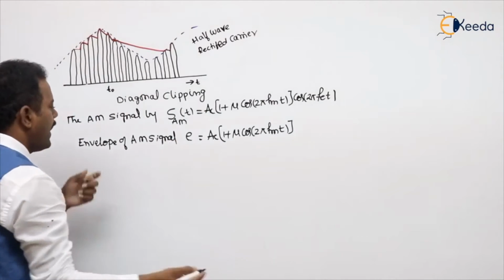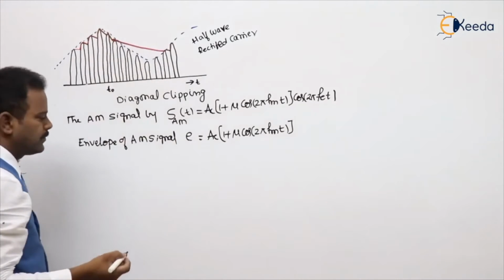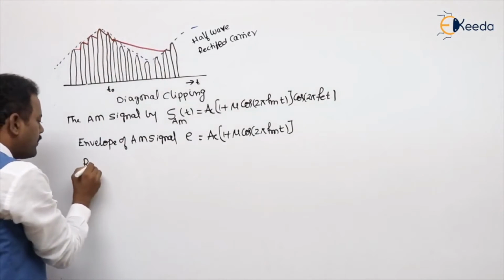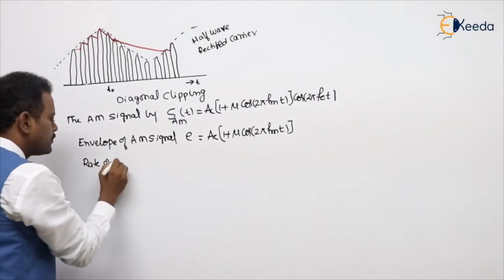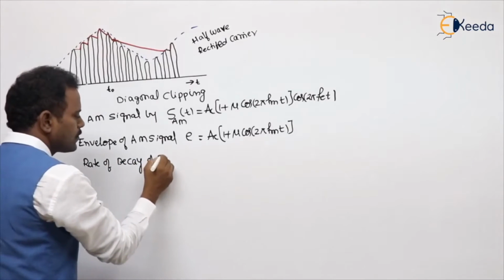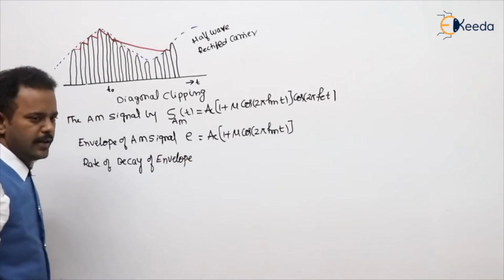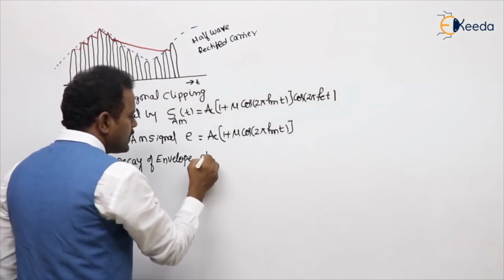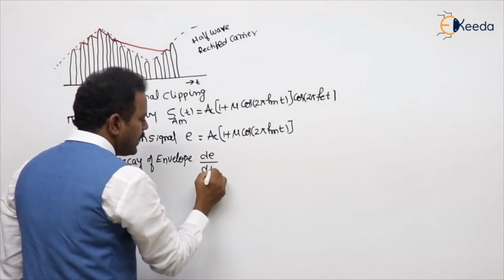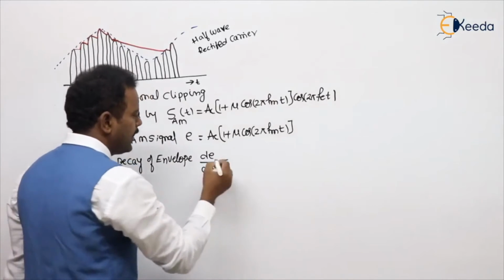Now, I am calculating the rate of decay of the envelope. How to calculate the rate of decay? Rate of decay means dE by dt, differentiate. Rate means differentiate, d by dt.